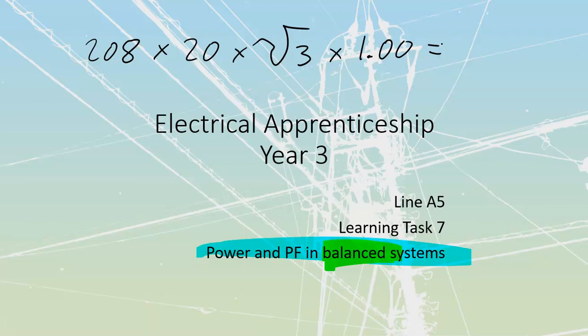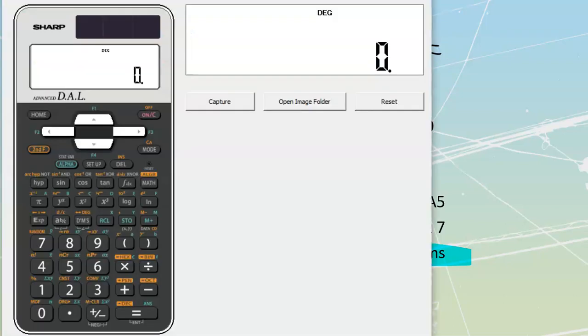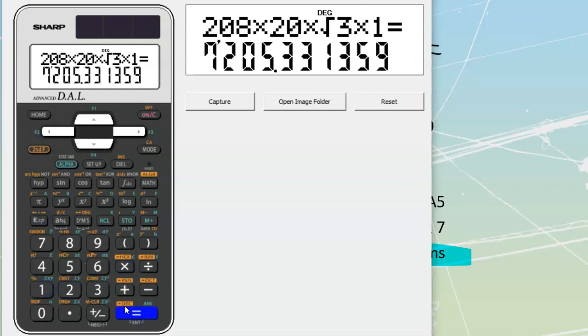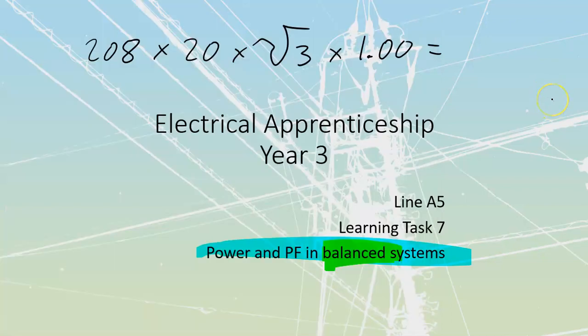When you punch all of this together inside of your calculator, 208 times 20 times root 3 times 1 is equal to 7,205.33. So we have an answer of basically 7.2 kilowatts that we would see for this.